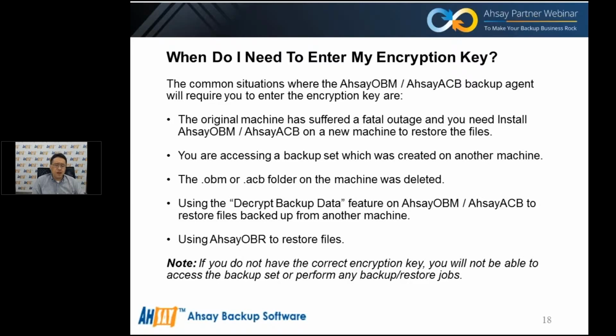And finally, if you're using OBR to restore files, again, you need to enter the correct encryption key before you're allowed to restore. And the final note, obviously, if you don't have the correct encryption key, you will not be able to access the backup set or perform any backup restores.